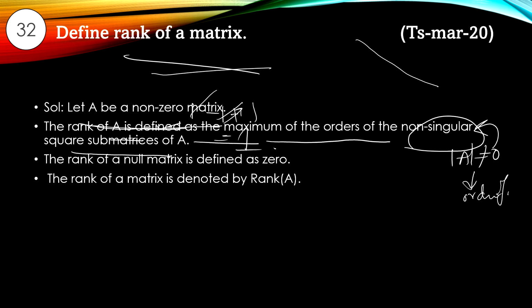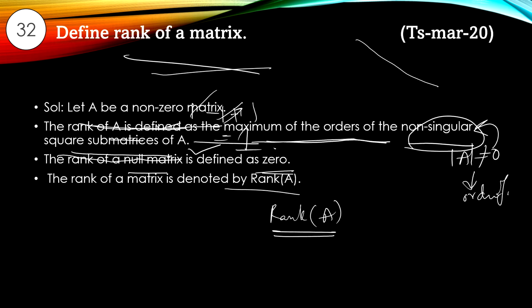That is right, non-singular square submatrices, whether 2 by 2 or 3 by 3, of A. So you got it right. The rank of a null matrix is defined as 0. A null matrix is nothing but a matrix which has all 0 elements. So in that case we can say the rank is 0, and the rank of a matrix is denoted by rank of A. This is how we denote the rank.